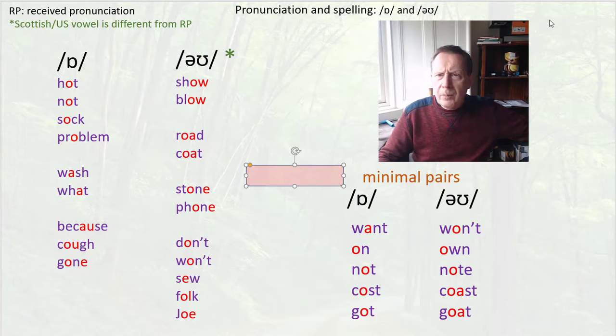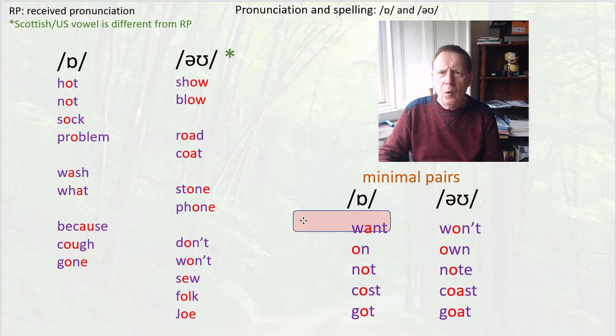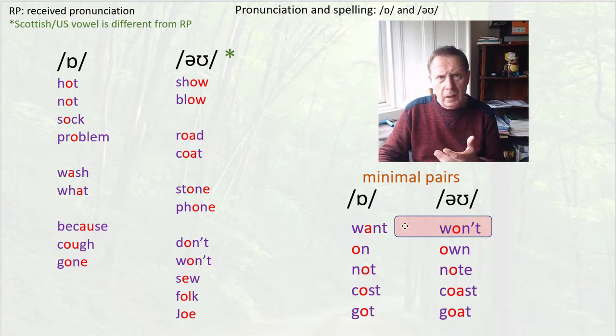In order to remember the pronunciation of these words, it's sometimes useful to look at minimal pairs. So that's pairs of words with different vowel sounds, so you can hear the difference. For example, we have want and won't. Now I'm going to use the RP pronunciation so you can hear the difference between these words in these minimal pairs.